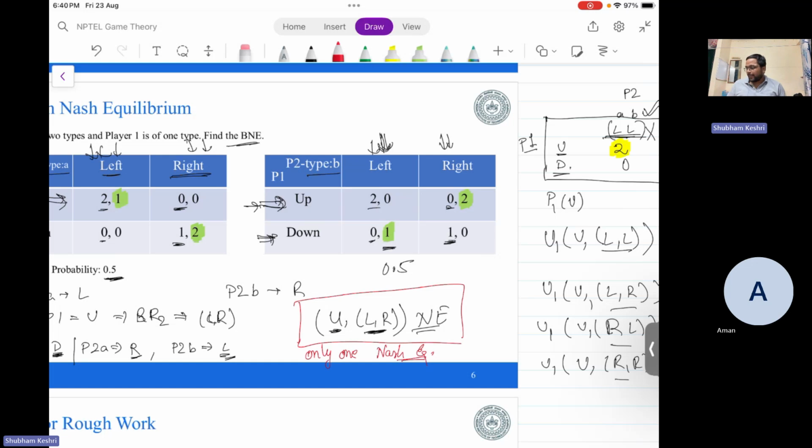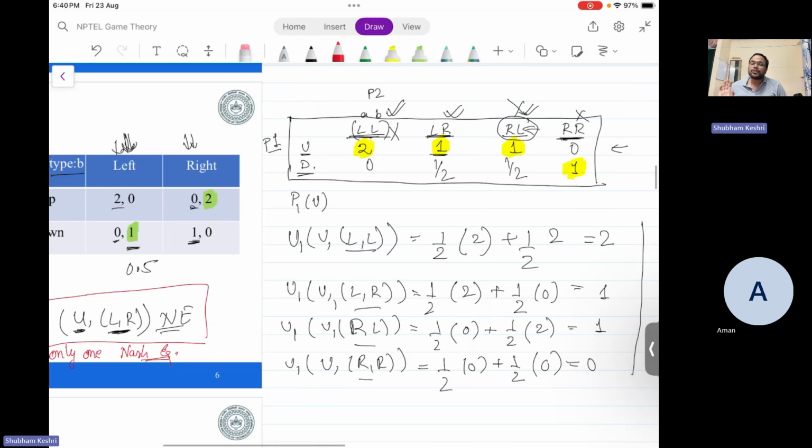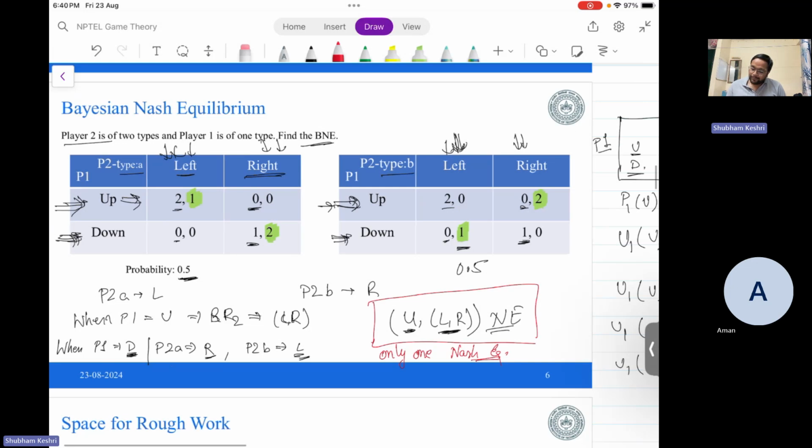What did we do? First, we knew that player 1 is uncertain about player 2's type. Therefore, we found the expected utility of the first player for all the strategy sets of player 2, which can be either player 2A or player 2B. We found the best responses of player 1 for each of these strategies, and the best responses of player 2.